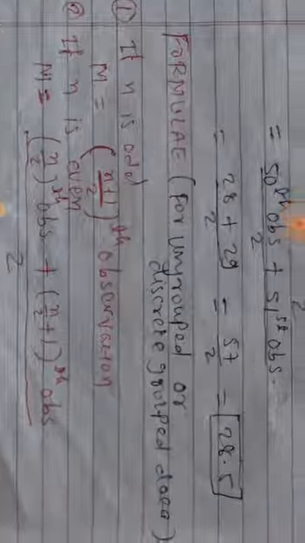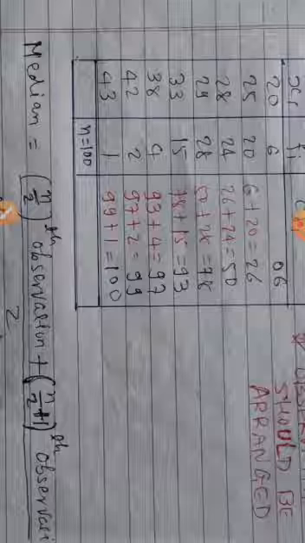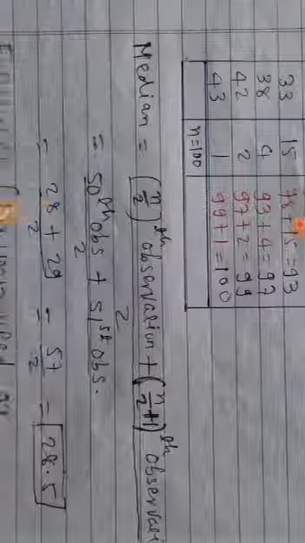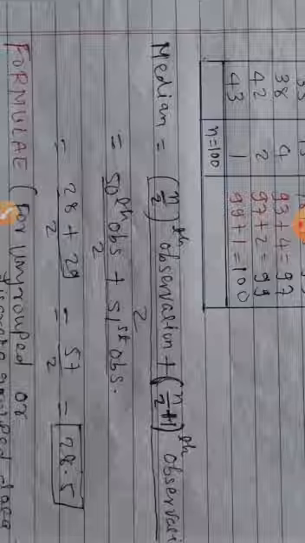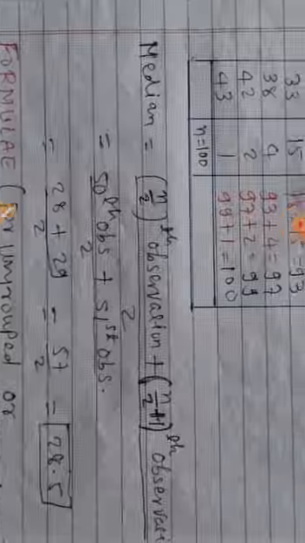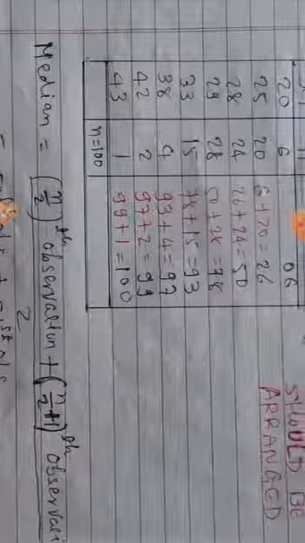How to locate the observation, that you have to remember. This is the main thing here: which observation's value is what? If you find that easily, then this is very simple. So again I repeat, here we found the 50th observation's value is 28 and the 51st observation's value is 29. How? Again I revise it.